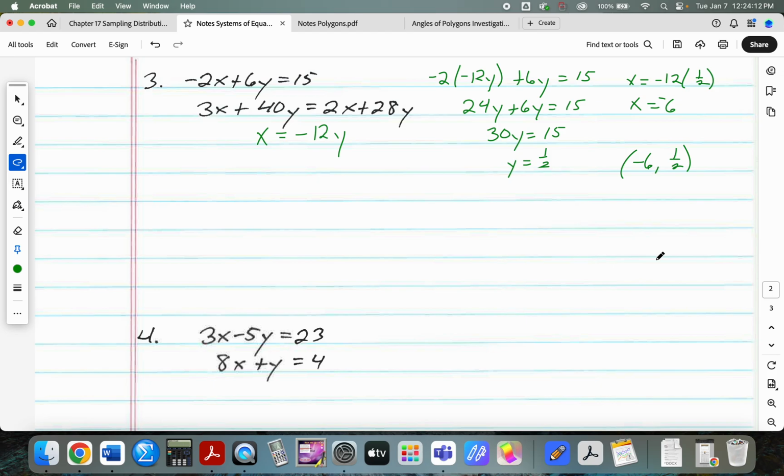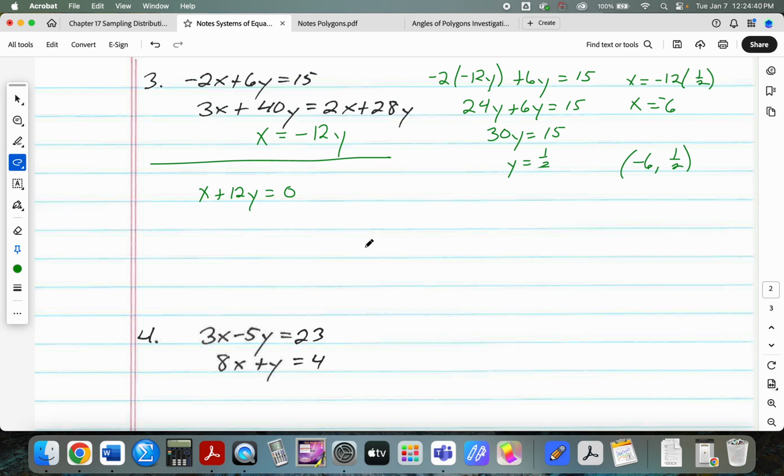Now, you didn't have to do that one this way. If you don't want to do it another way, you don't need to, but let me just show you that we could have also subtracted the 2x and subtracted the 28y. And I would have had x plus 12y is equal to 0, right?